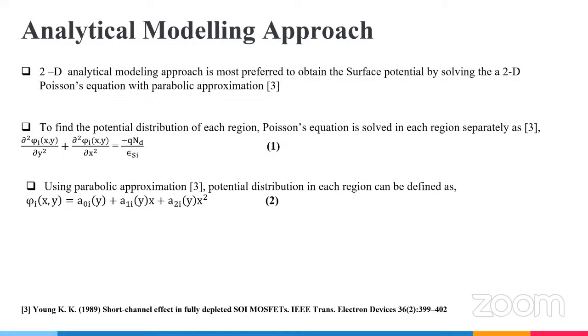So this is the analytical modeling approach. This is a well-known analytical modeling approach. In this approach, 2D analytical modeling is most preferred to obtain the surface potential. By solving the 2D Poisson equation, we will be able to find the surface potential profile in every region.